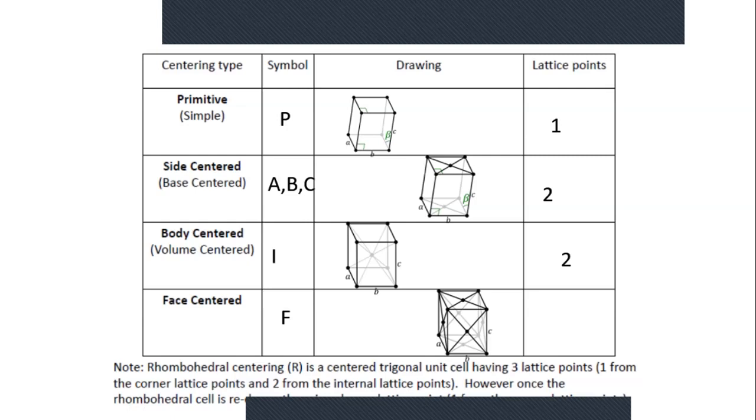And since there are 6 faces, and each face is half an atom, that means there are 3 atoms from the faces and 1 atom from the corners. So that means it has a total of 4 lattice points. And again, you have to remember, the more lattice points you have, the larger the unit cell is going to be.